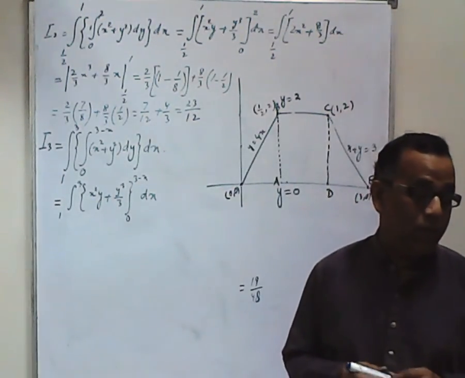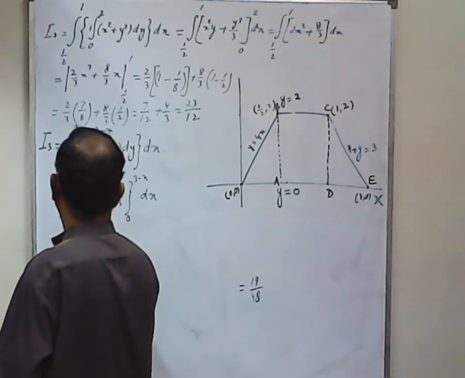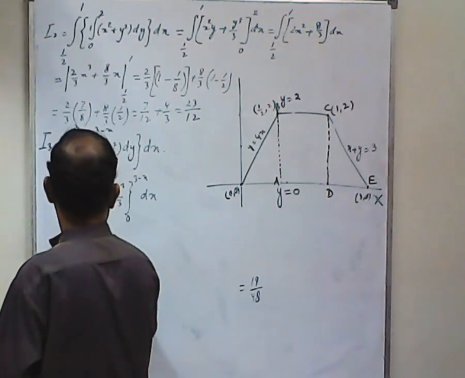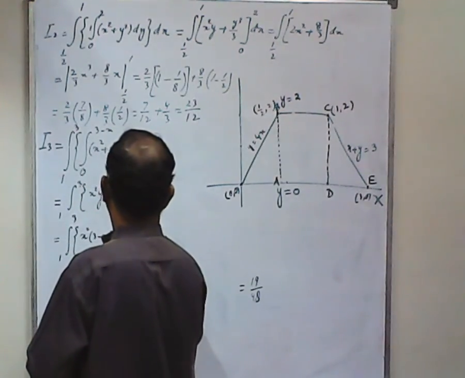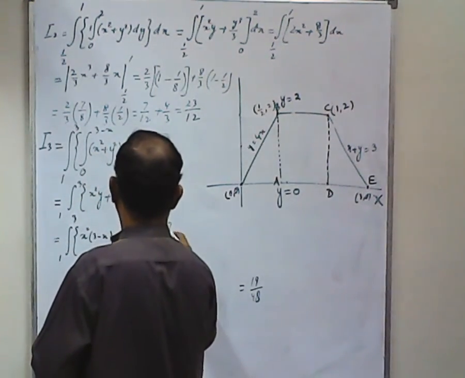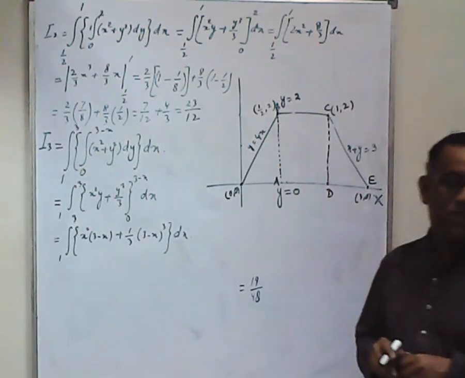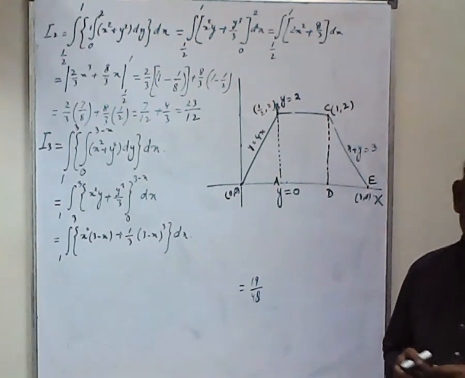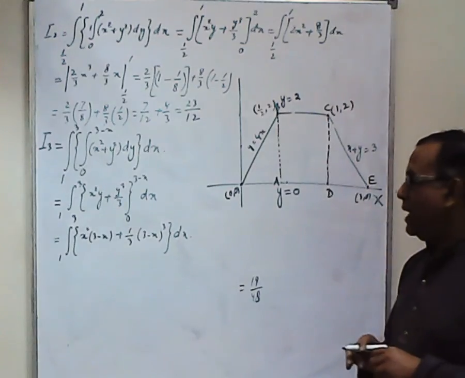So what we will get now is the integral from 1 to 3, and this is x square, substituting 3 minus x, and plus 1 upon 3, 3 minus x whole cube, and this is dx. So we integrated this very carefully, and we substituted the values as well.